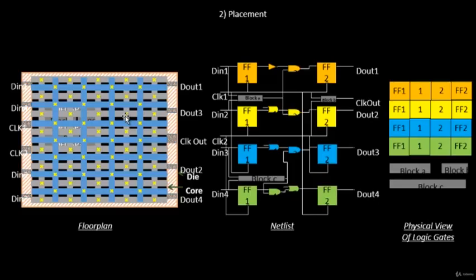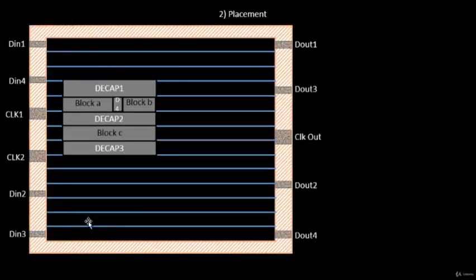And how do we do it? Let's look into that. Okay, so now this netlist doesn't come into the picture, but this is what comes into the picture. Though we have to follow the connectivity information from the netlist, we have to take this one in the case of physical design placement. So this is our floor plan, and these are the pre-placed cells that we already had from the previous slides.